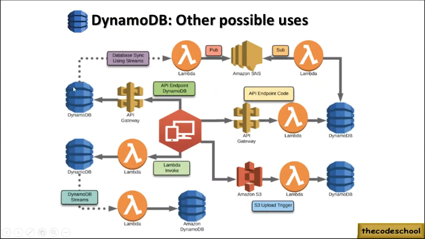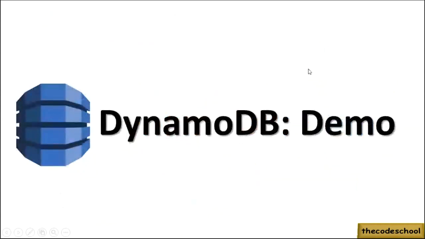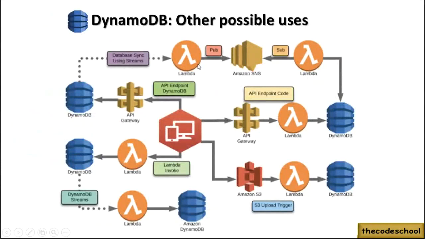This originates from over here. So in the database DynamoDB, if there is some of the data which requires to be synced to another set of DynamoDB over here, it can generate the data synchronization streams basically, and the Lambda function can be triggered to push it to the SNS topic, and SNS topic can be read by the Lambda function, and also many other subscribers can use the same changes.